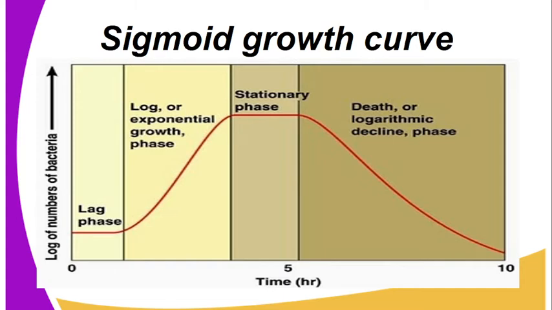And then we have the third phase, which is the stationary phase. You can see the slow growth rate, and sometimes the growth rate is stationary. There are reasons for that. One reason is most cells have fully differentiated, so they are not dividing, and fewer cells are still dividing.